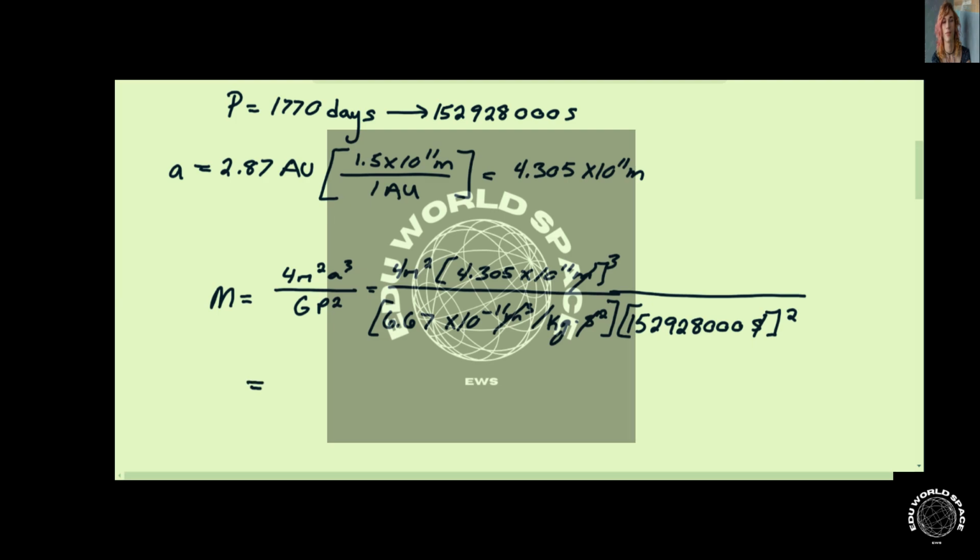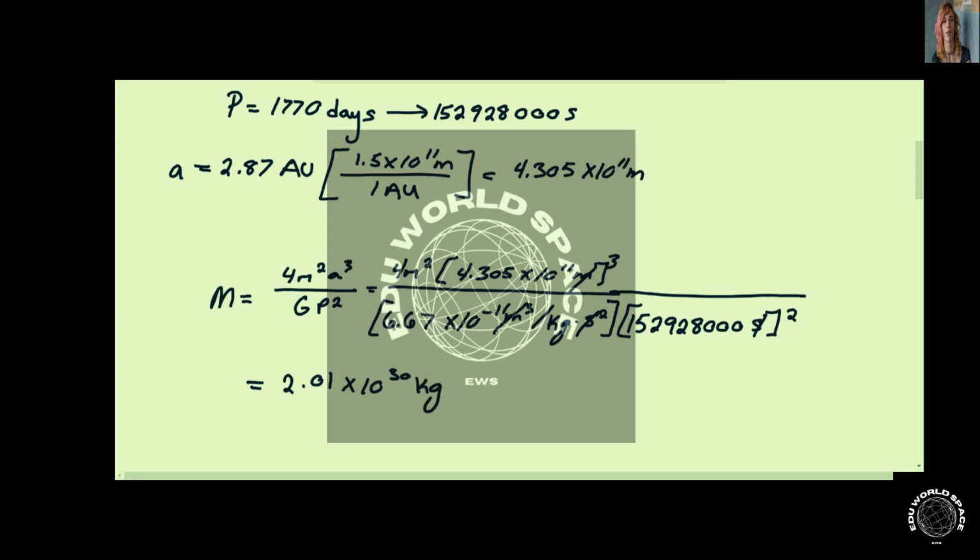Sometimes when you're doing certain things where you already know the units, you don't necessarily need to, but having the units allows you to see if you made any mistakes. Okay, you get 2.01 times 10 to the 30 kilograms.